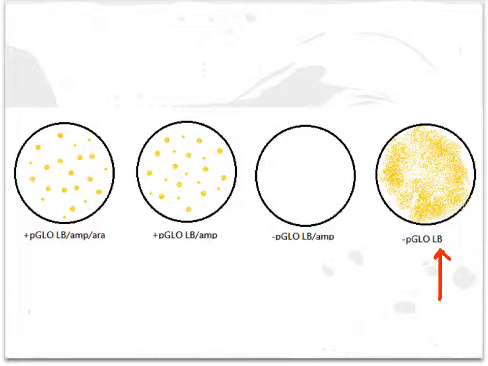The next nutrient plate that we'll be using has the LB nutrient broth as well as ampicillin. Of course, the bacteria that have incorporated the plasmid will be able to grow on this. The bacteria that have not incorporated the plasmid will not be able to grow on this plate, so this will be our control.